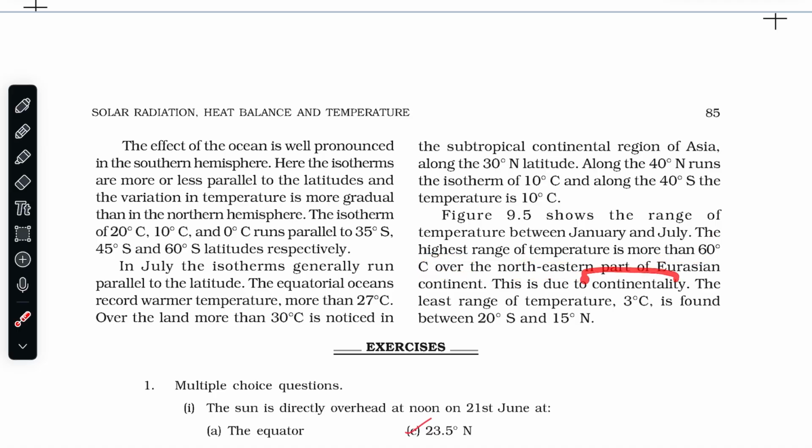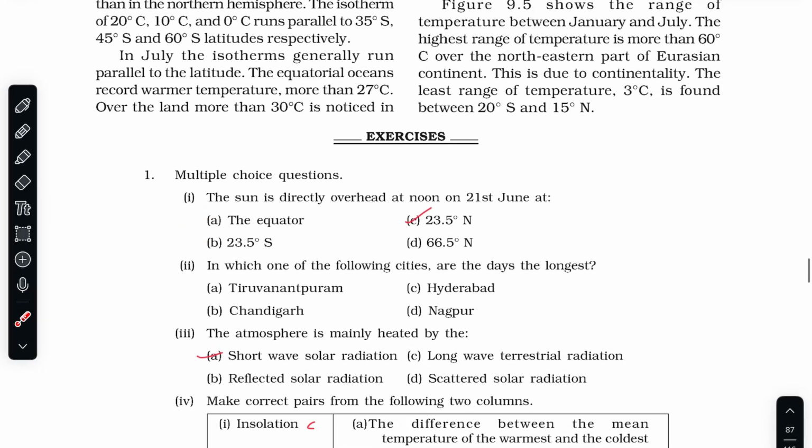This is due to continentality. The least range of temperature, 3 degrees Celsius, is found between 20 degrees south and 10 degrees north. So over the northeastern part of the Eurasian continent, there is a high range of temperature because of the effect of continentality. So we have finally finished this chapter.